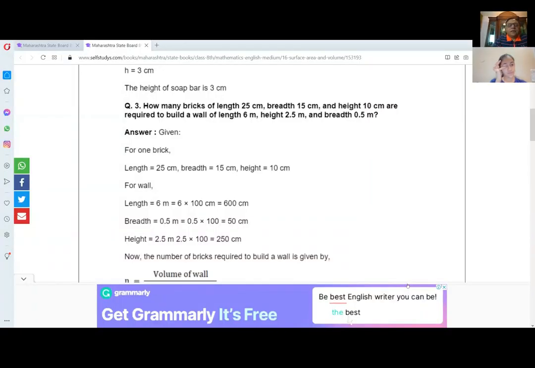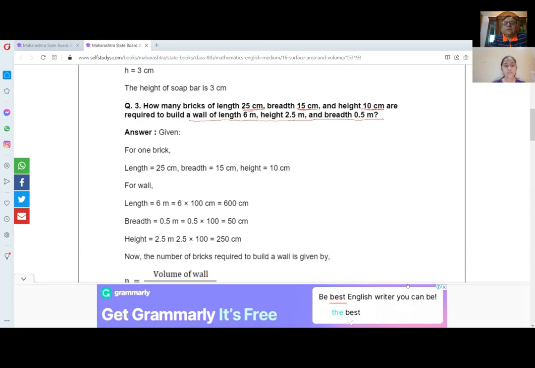So here we have a brick, right? The brick dimensions are given in centimeters, and the wall dimensions are given in meters. So you can do one thing: either convert the wall into centimeters or convert the brick into meters.